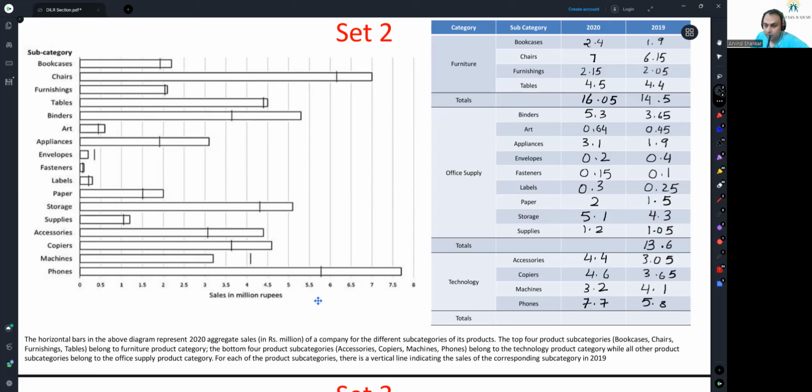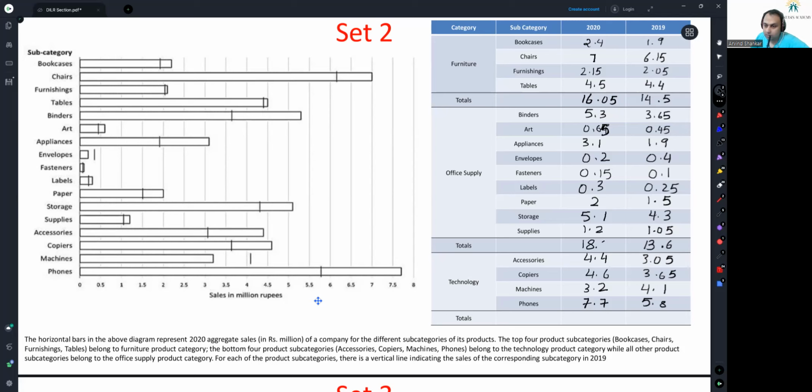Here, let me add it up. 0.1, 0.2, 0.3, 0.6, 0.75, 0.95, 1.05, 1.7 and 2 carried over. So 8, 8 plus 2, 10, 10 plus 3, 13, 13 plus 5, 18.